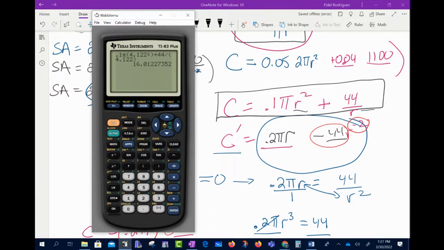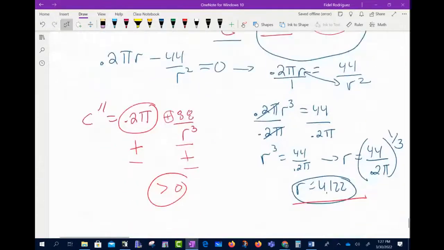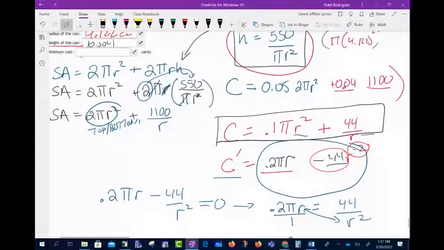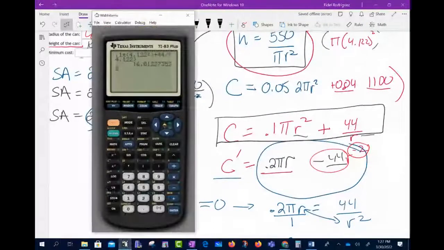So is anybody else coming up with 16.01? When I did this, y'all, I came up with 16.01.